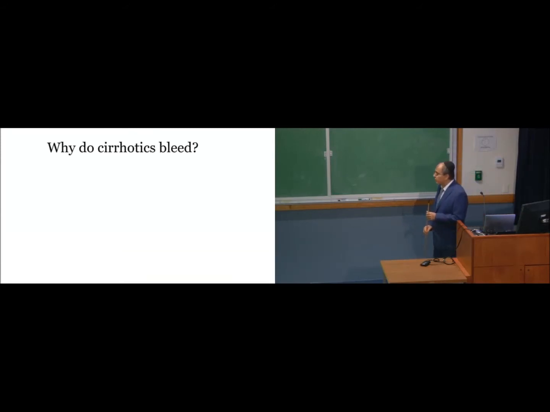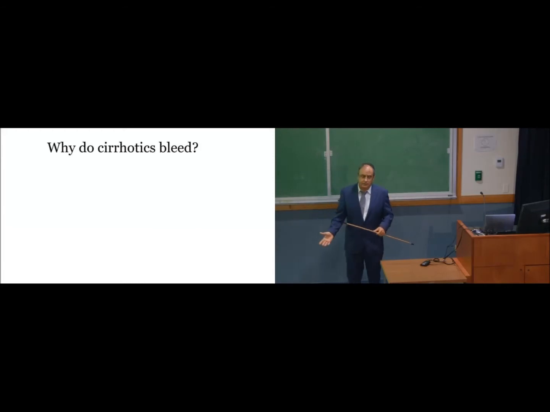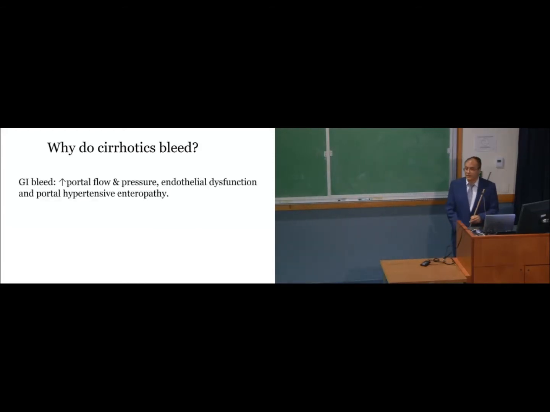So cirrhotics are not hypocoagulable, they are even hypercoagulable, but why do they bleed? So GI bleed, the most significant bleeding observed in cirrhosis, is not due to hypocoagulability. It is due to increase in portal and splanchnic flow, increase in portal pressure due to the cirrhosis, some degree of endothelial dysfunction, and the portal hypertensive enteropathy, including gastropathy and colopathy.